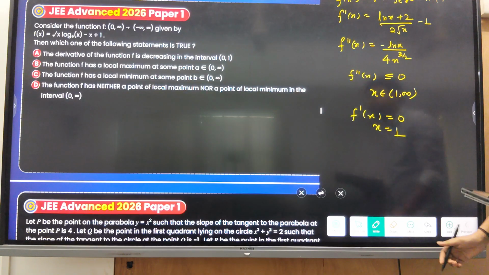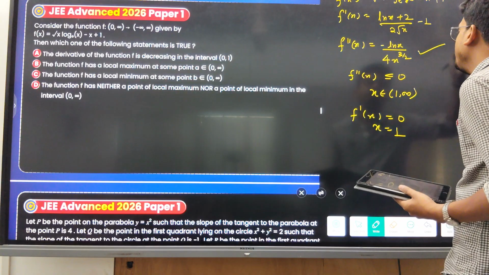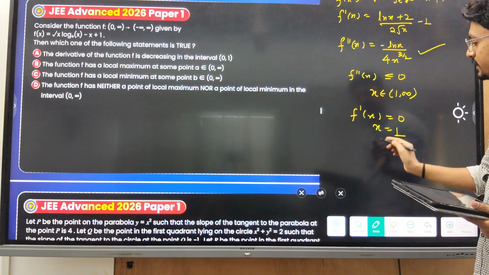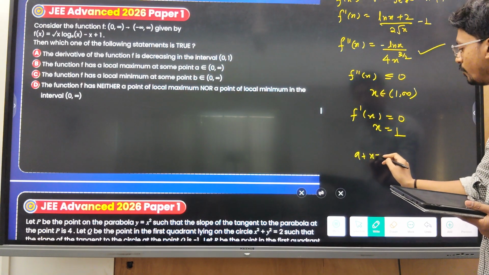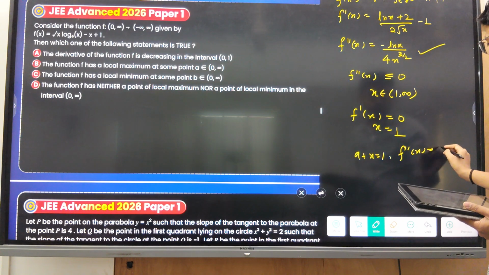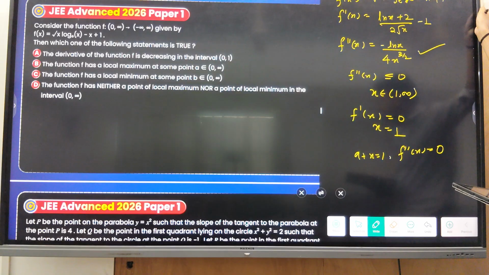For the second derivative test, if you find f''(x), we get −ln x / (4x^(3/2)). At this critical point, at x equal to 1, f''(x) equals 0. So here we are not getting any result after getting f''(x) equal to 0.